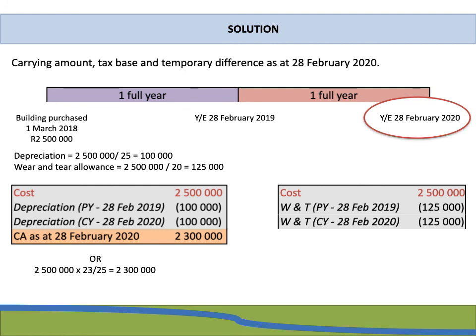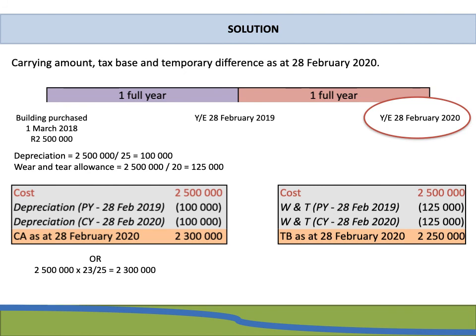So if we deduct those two wear and tear allowances, that leaves us with a tax base as at 28 February 2020 of 2,250,000 Rand. Okay, again, this makes sense because this is the amount of wear and tear allowances we have left for the remaining period of our building's useful life in terms of tax.